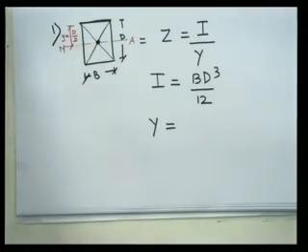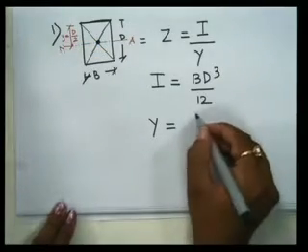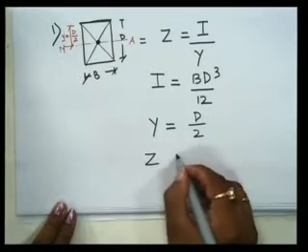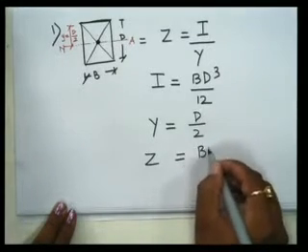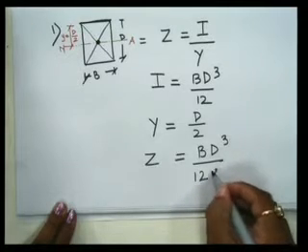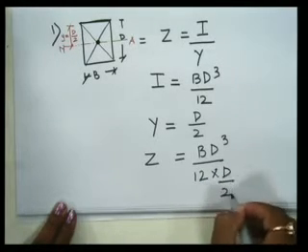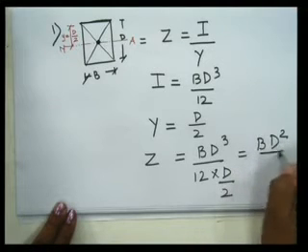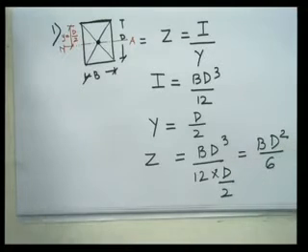So y is equal to d by 2. So what will be the value of Z? Z is equal to BD cube by 12 into d by 2. So that gives you BD square by 6.